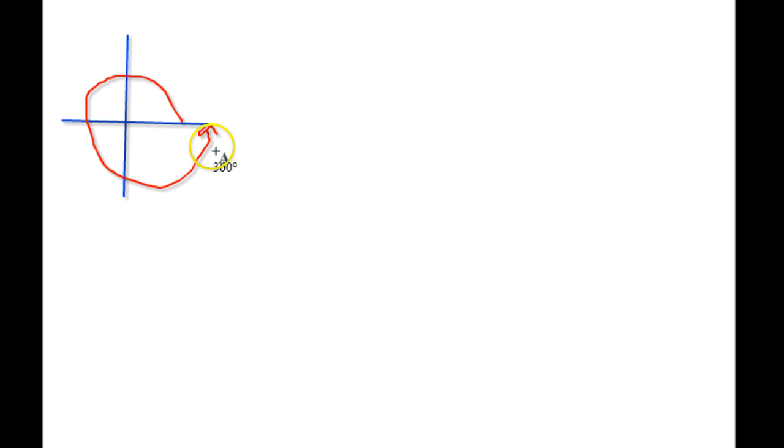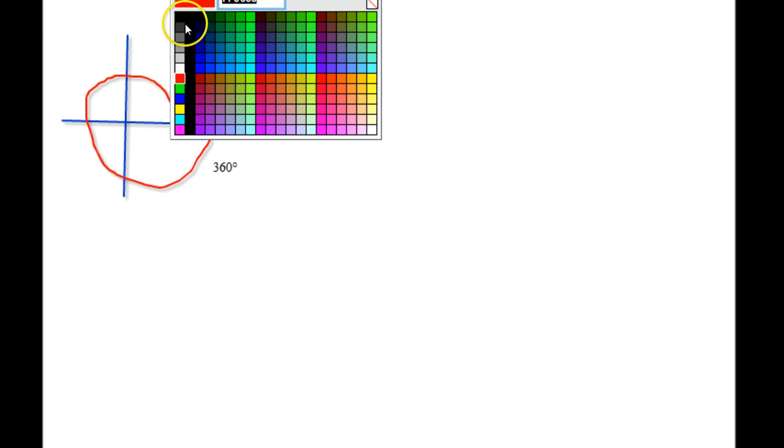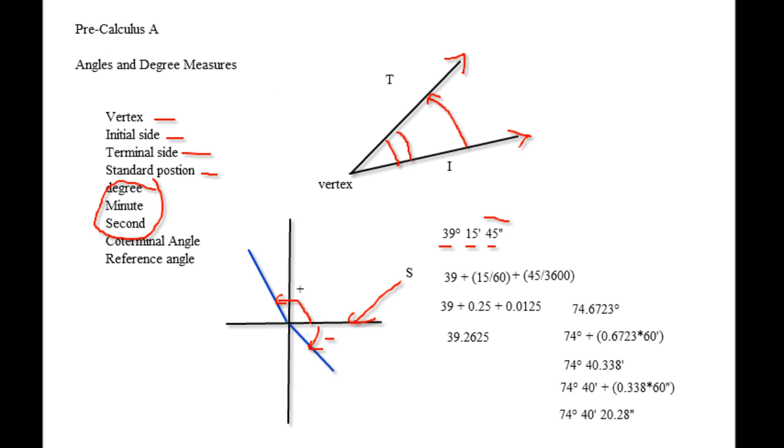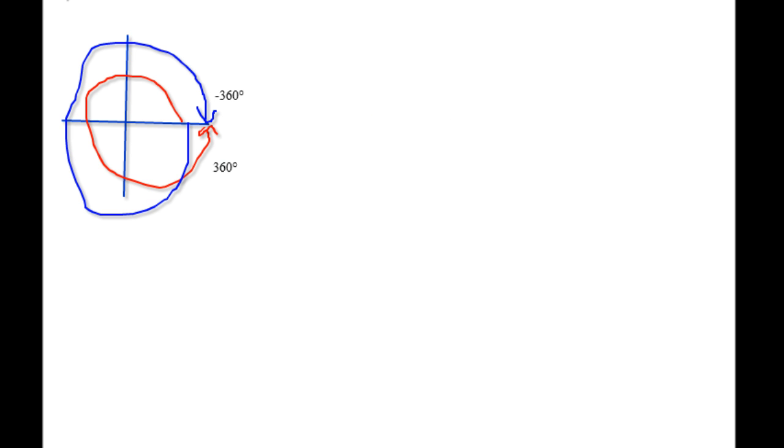Now if you go around the other direction, it's going to be negative 360 degrees. So when you're talking about rotations, you just have to think about how many you have and multiply them by the 360 degrees. Now coterminal was another definition in here, and then we'll go to reference angle in a sec.